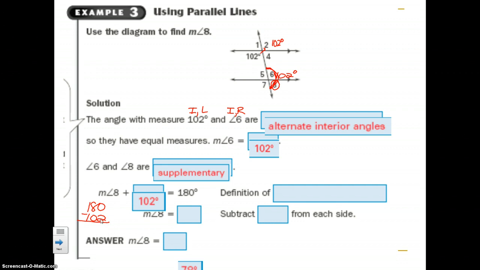The measure of angle 8 is 78. Again, once you know a couple of these angles, you should be able to fill in. See, there's another vertical angle. Should be able to fill in all the rest of them. Vertical angle. You can see there's really only 2 measurements.